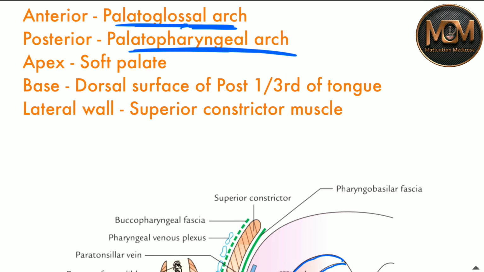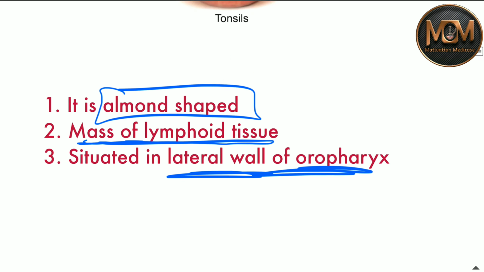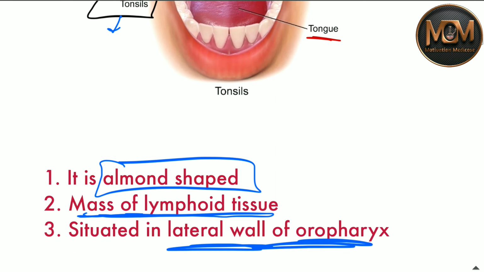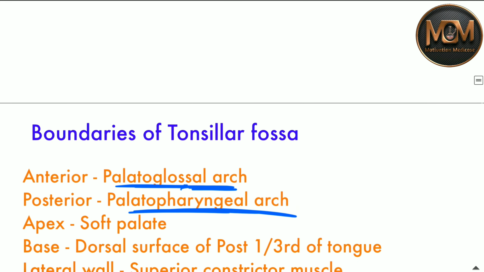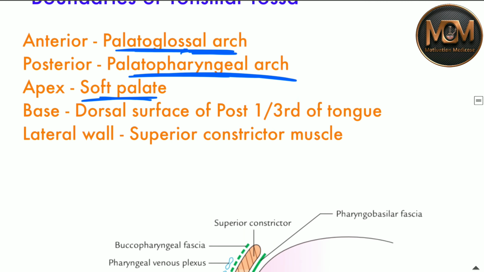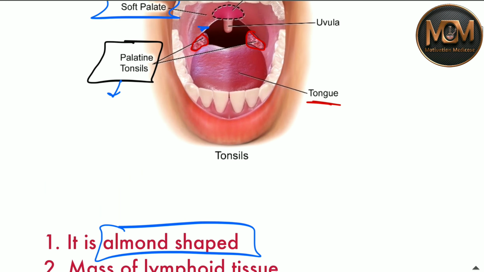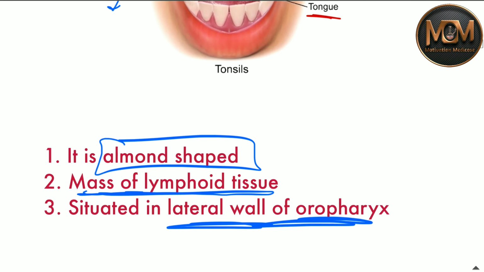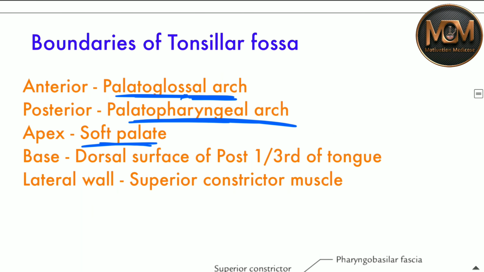Now what is present above, at the apex? As we can see in this diagram, it is the soft palate. Now what is present at the base? On the base is the posterior one third of the tongue, its dorsal surface.